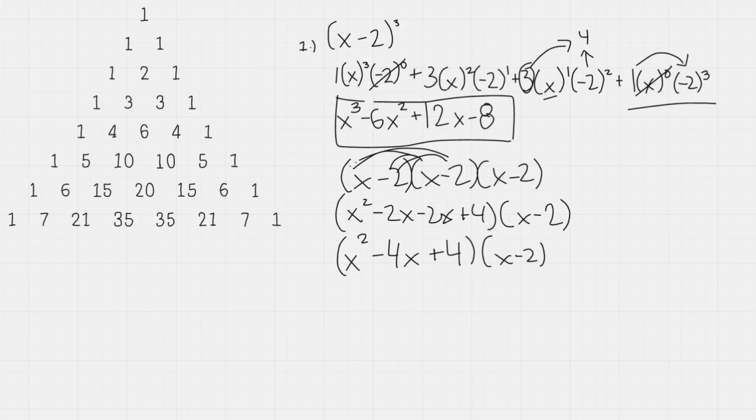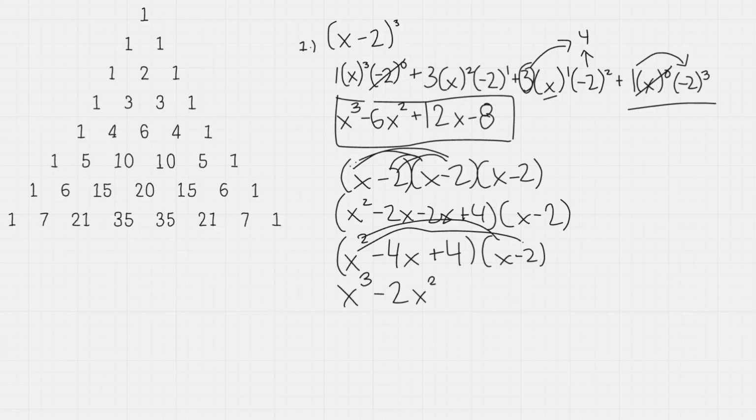Now we can multiply this trinomial by the binomial. x squared times x will give us x cubed. x squared times negative 2 will give us negative 2x squared.